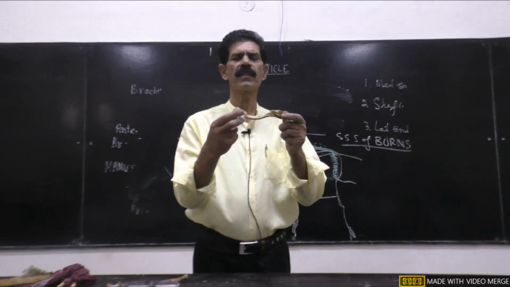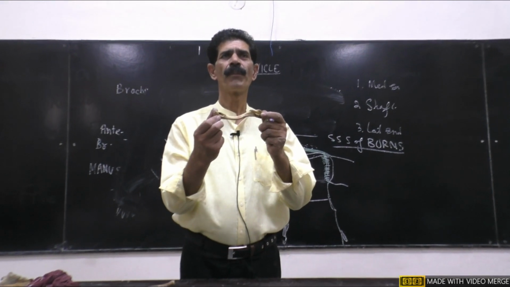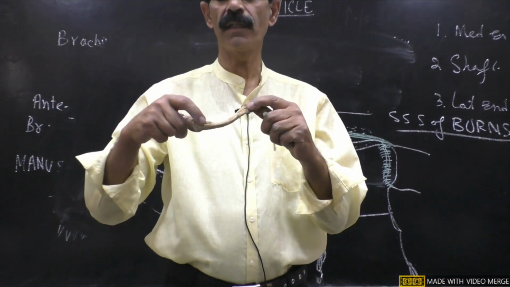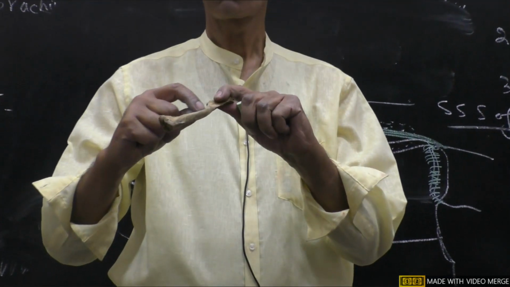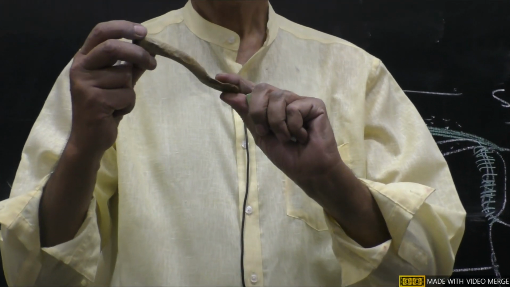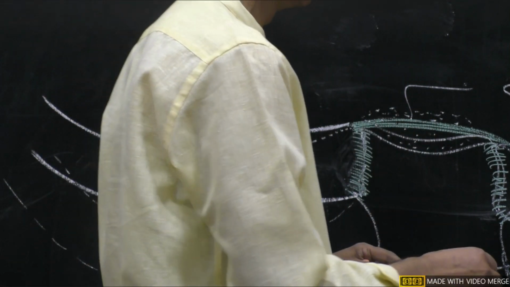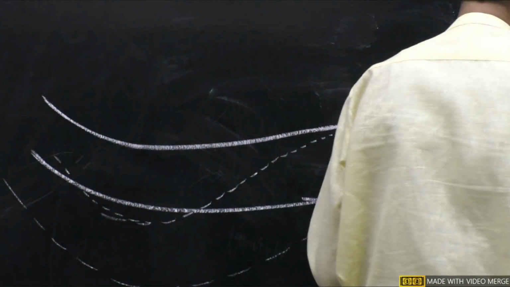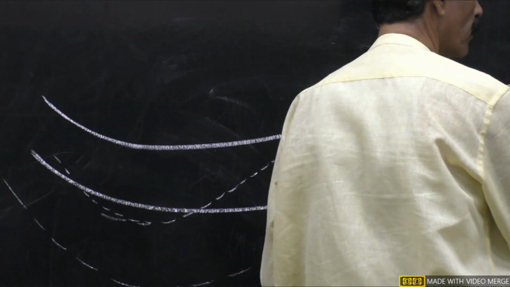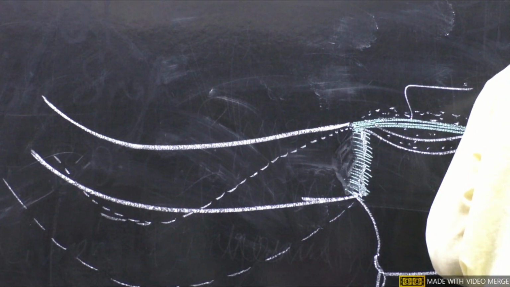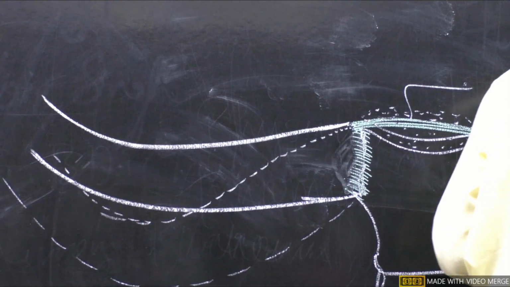See, the inferior surface is rough. In the medial part of the inferior surface, here, lies a long shallow groove, almost in the middle.